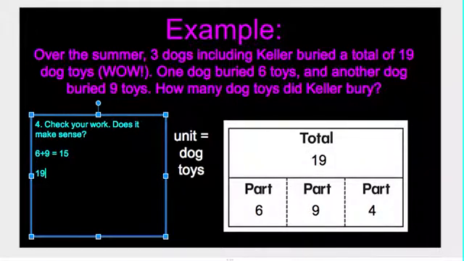So we did 19 minus 15 is equal to 4. Does that make sense? Let's add all of our addends together and see if they add up to 19. 6 plus 9 plus 4 is equal to, well, 6 plus 9 I know is 15, plus 4 would be equal to 19. Our total is 19 dog toys, so yes, it makes sense.